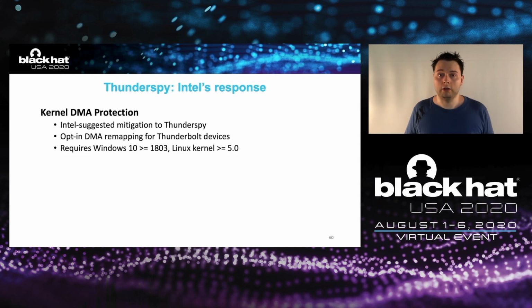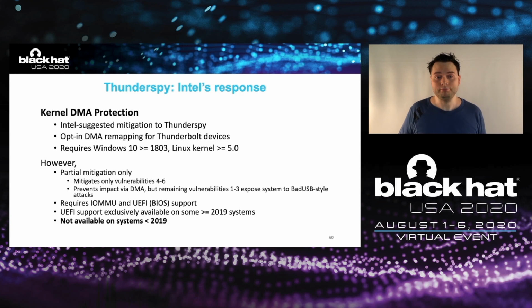So all in all, that sounds pretty good, but there are a couple of caveats. Kernel DMA protection is a partial mitigation only. Specifically, it does not mitigate Thunderspy vulnerabilities 1, 2, 3. So this really exposes the system to a BadUSB style of attacks.